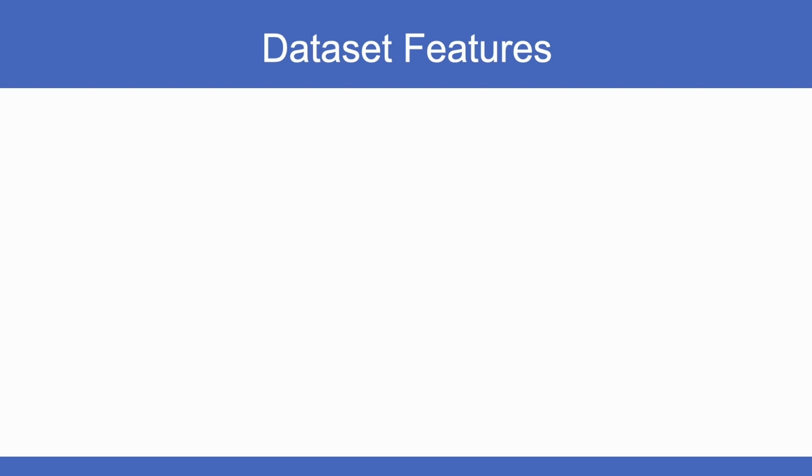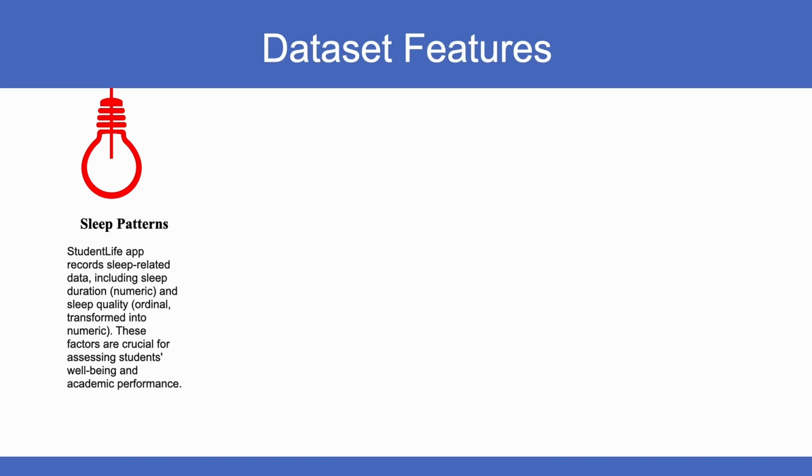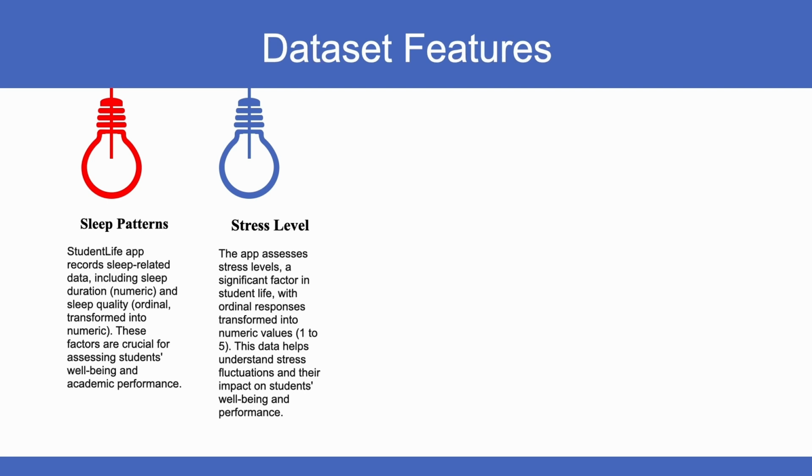Now, we'll look into the specific attributes and how they contribute towards a fairly accurate CGPA estimation. First, we'll talk about the Student Life app, which records sleep-related data, including sleep duration and sleep quality. These factors are crucial for assessing students' well-being and academic performance. Then we have stress level. The app assesses stress levels, which is a significant factor in student life, with ordinal responses transformed into numeric values, 1 to 5.